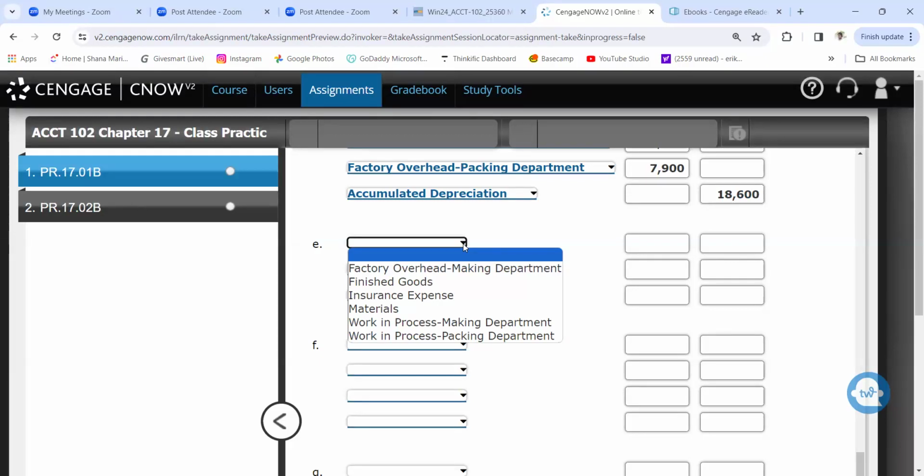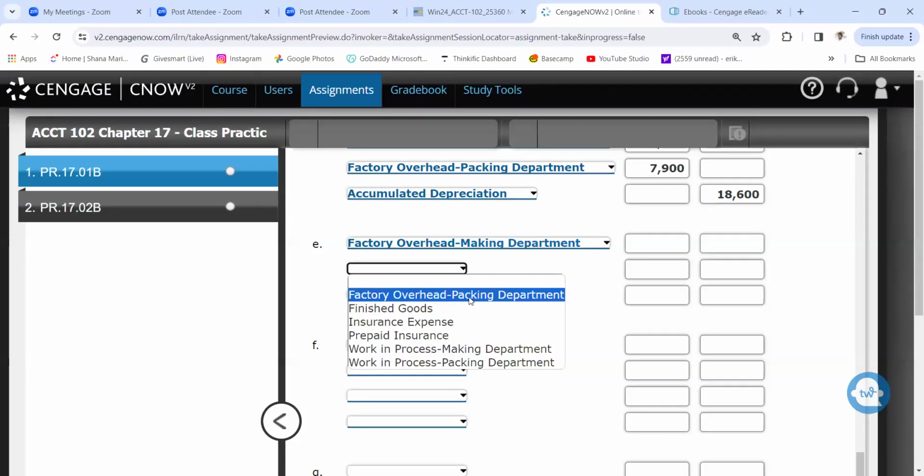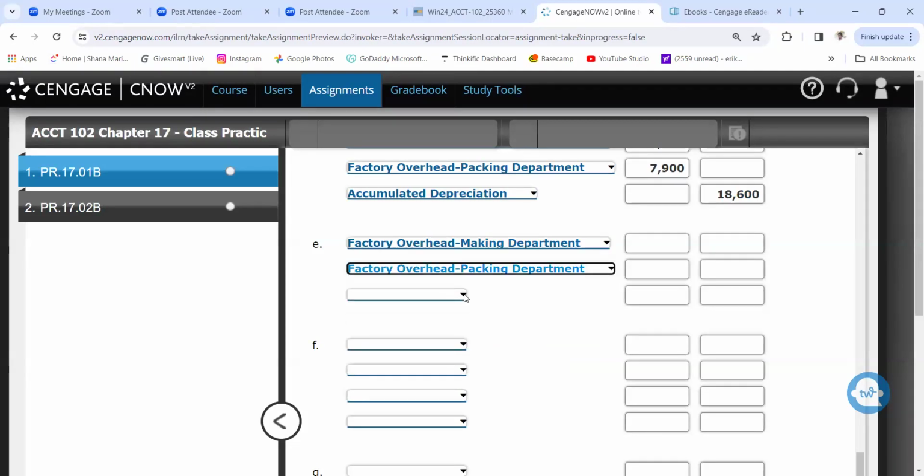So you got more factory overhead making, more factory overhead packing, and then prepaid insurance has been expired. So let's see, we got 2,000, 1,500, and that's the total 3,500, right? I can do that one in my head.